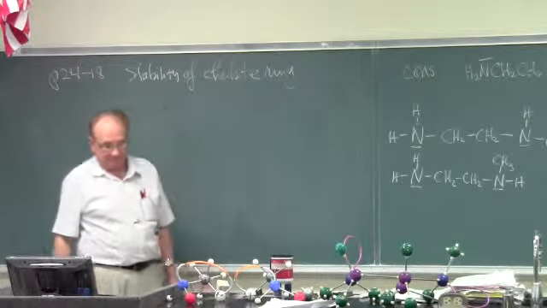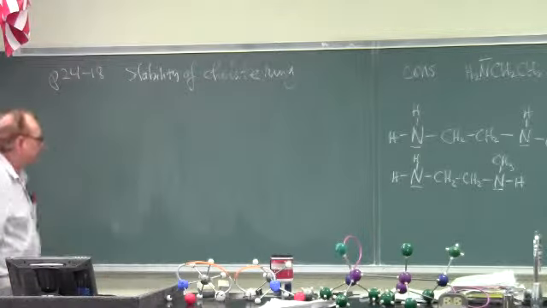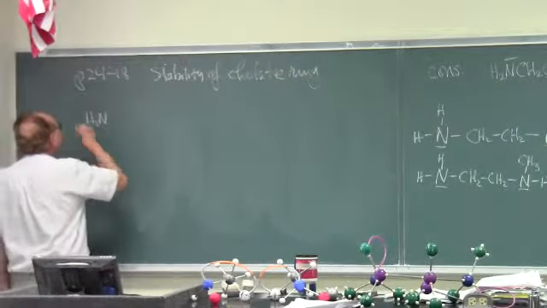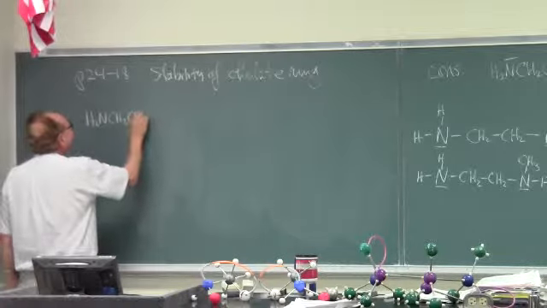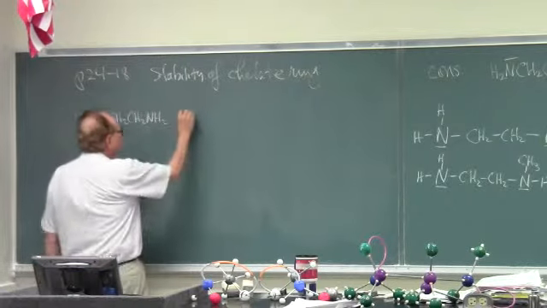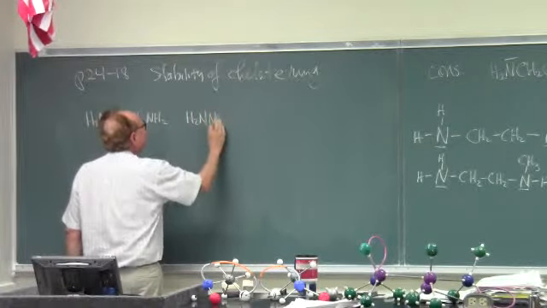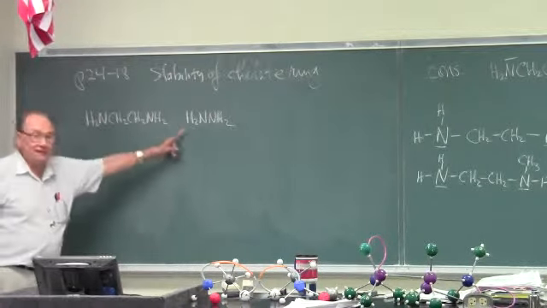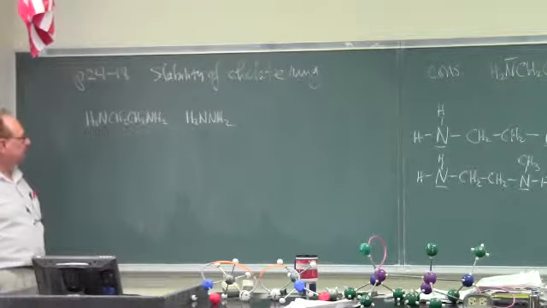Stability of the chelate ring. Stuff which you have been asked to think about previously. Again, ethylene diamine, which converts to this if we operate on this chemically and remove the CH2 groups.